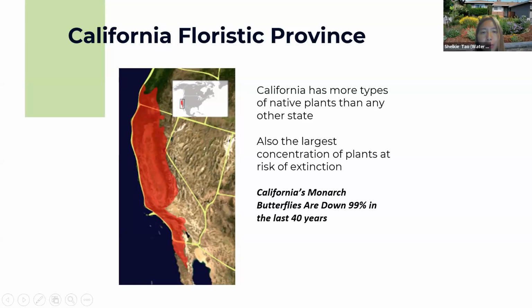On the West Coast, we have the Western monarch butterflies. The population is down 99% in the last 40 years. The only way to save them is to plant their host plants as much as possible: the narrow leaf milkweed and the showy milkweed.